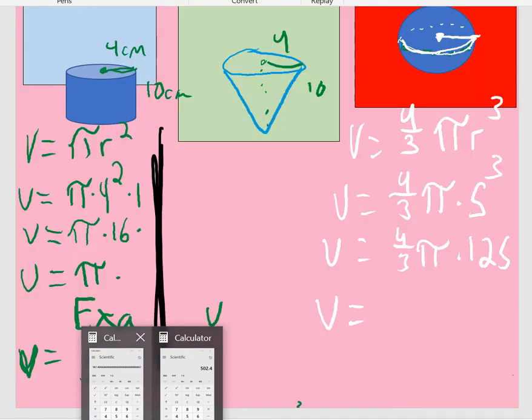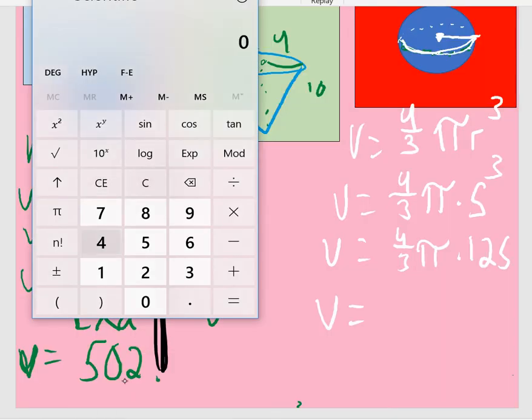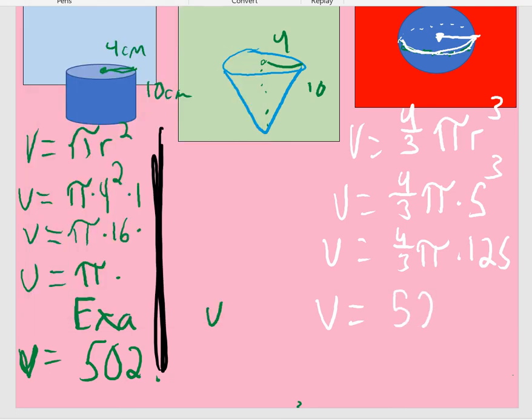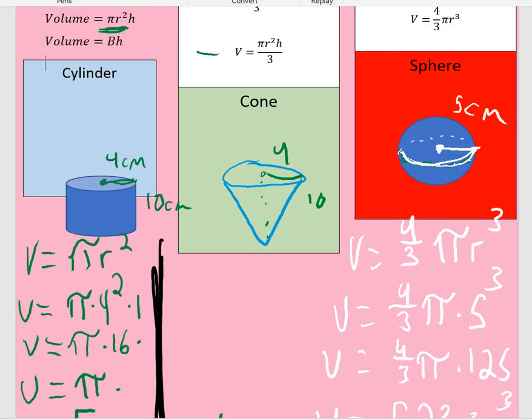So if we wanted to do 4/3 times 3.14, that's 4.186666, so it's 4.186, and then we're going to multiply that times 125. 4/3 times pi times r to the 3rd power gives you 523.3, I think it was. And we're going to say centimeters cubed because we're talking about 3 dimensions. And this was 5. Let's say 5 centimeters just to be a little bit more specific.